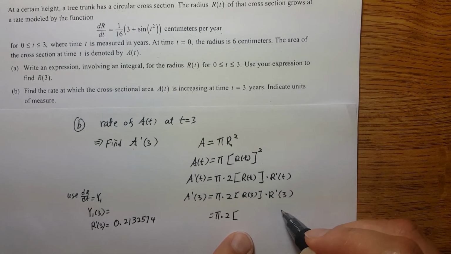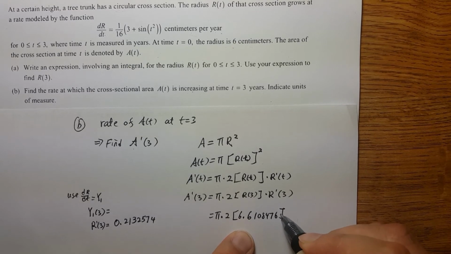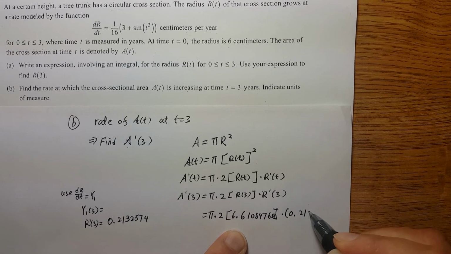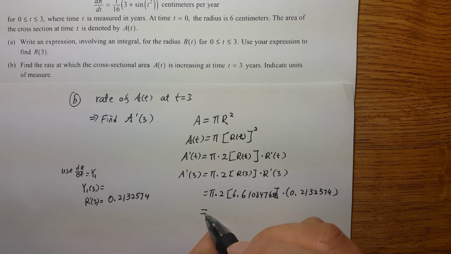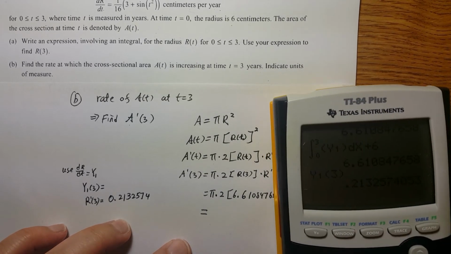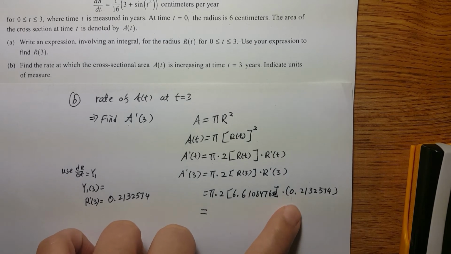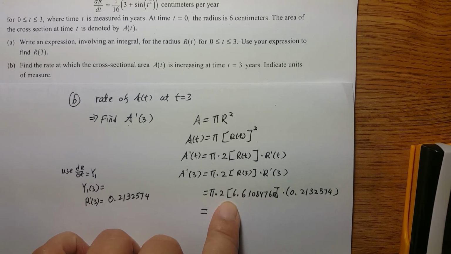So now I'm going to do substitution. From the previous part, I got 6.610847658, and then times 0.2132574. I already have it in my calculator, so I type it in, going backward: times 6.610847658, and then times 2, and then times pi.